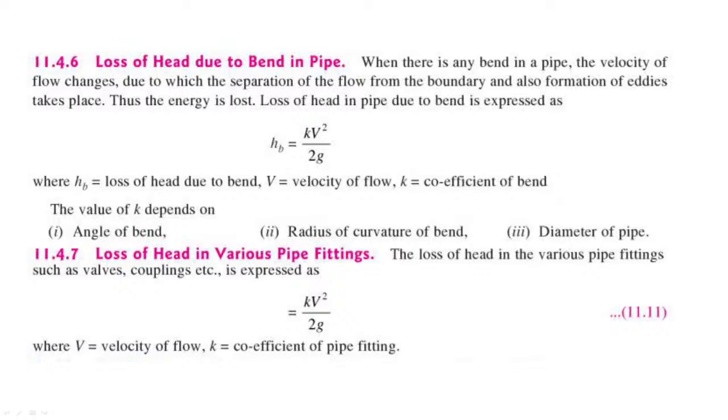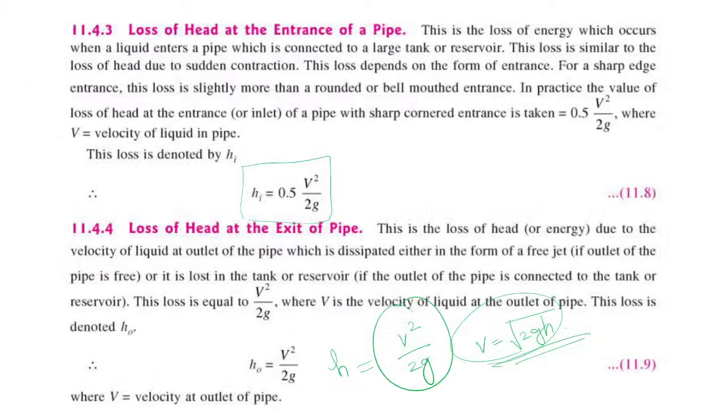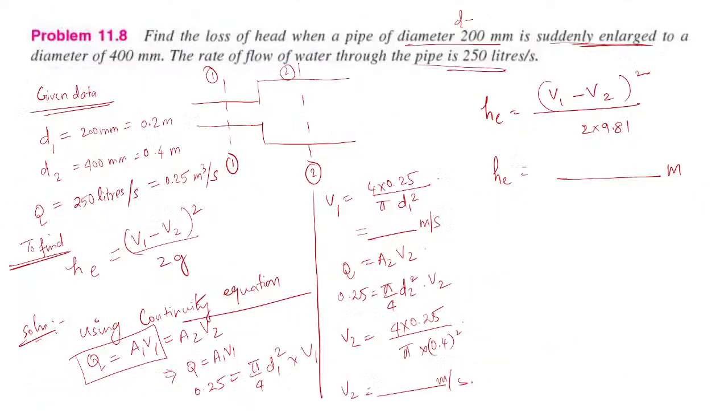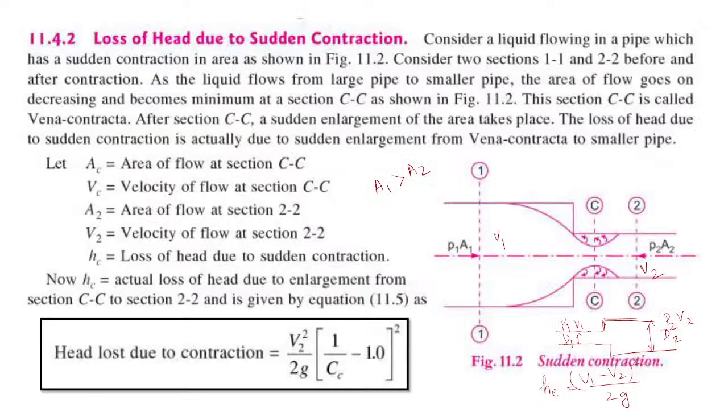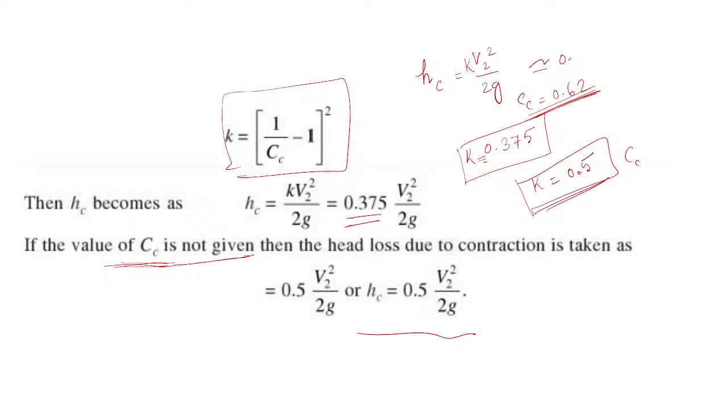So you have to understand the formula for contraction. Let's go back: the head loss due to sudden contraction. They have given a statement that if the contraction coefficient Cc is not given, you need to consider this formula.